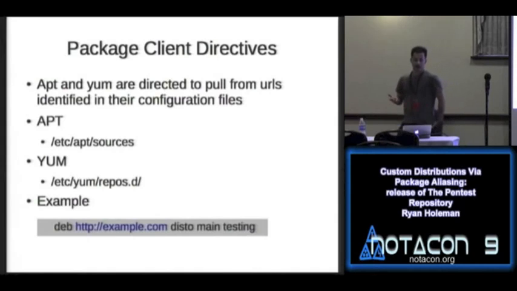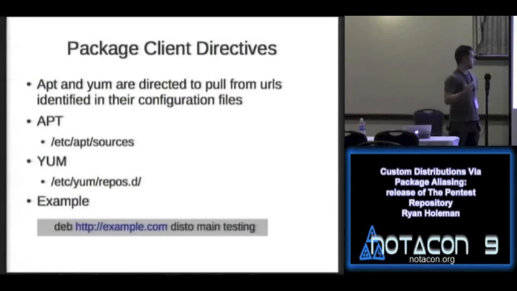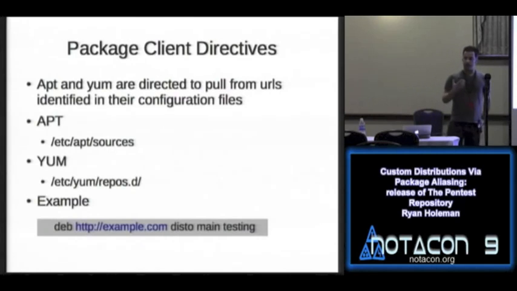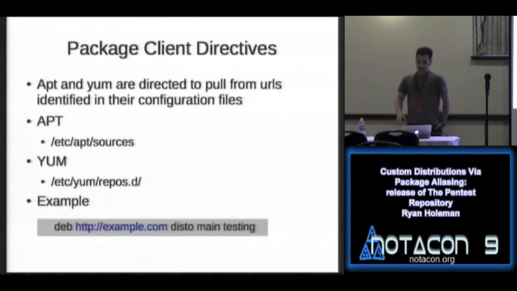For apt, they're typically in /etc/apt/sources.list, and yum, they're in /etc/yum.repos.d. At the bottom is a sample snippet from an apt config file where it's a directive telling us, hey, pull deb binaries from example.com, this URL, look in the main directory structure, distro, and any subdirectories under that main and testing, right?